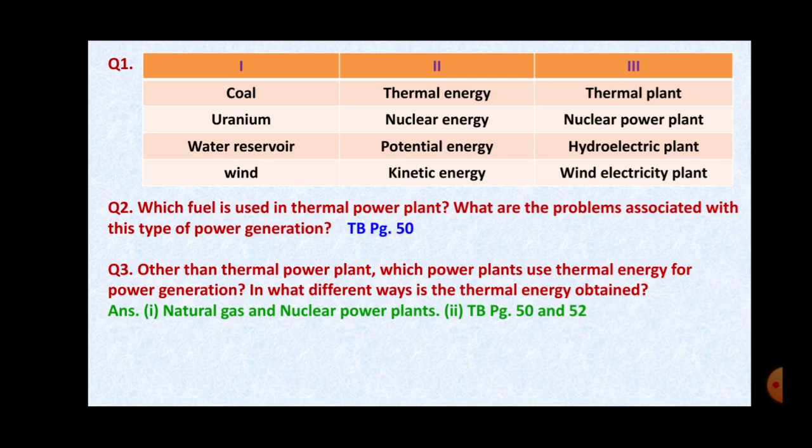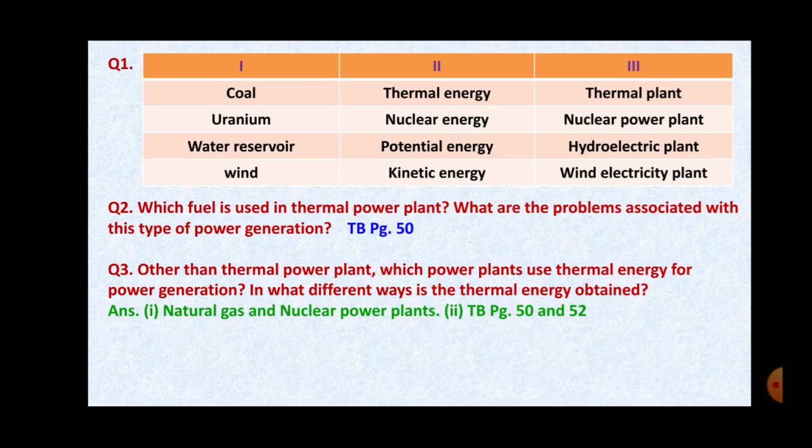So in nuclear power plant, the energy is released by fission of the nuclei of atoms like uranium or plutonium, and this energy is used to generate steam of high temperature and high pressure. This steam rotates the turbine, and the kinetic energy in the steam drives the turbine, and the turbine in turn drives the generator.